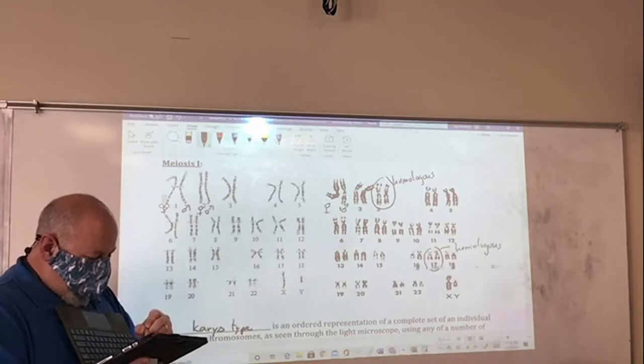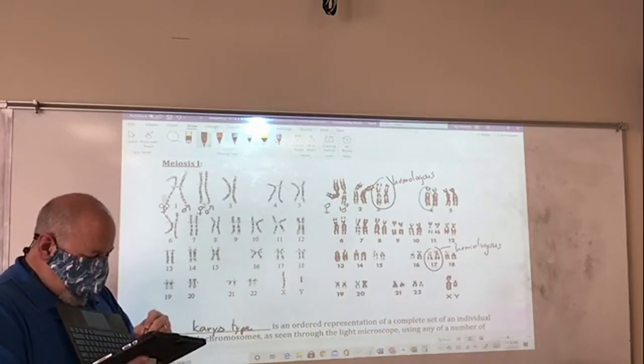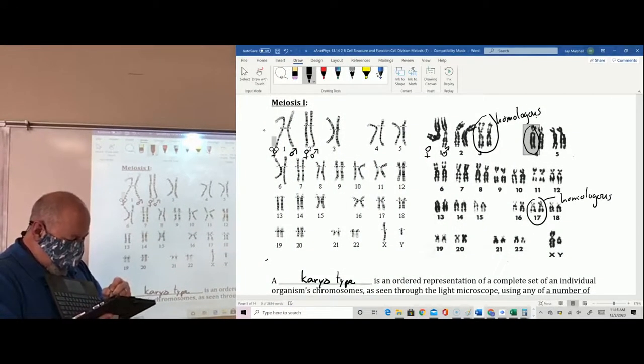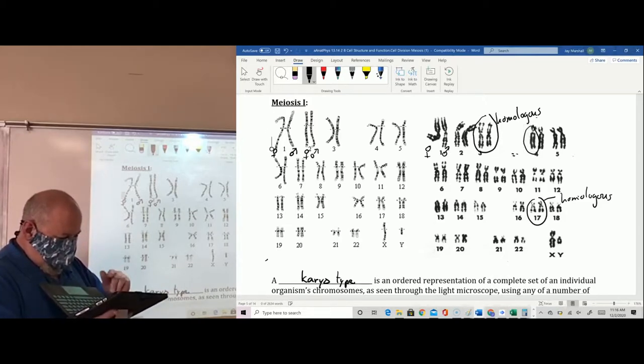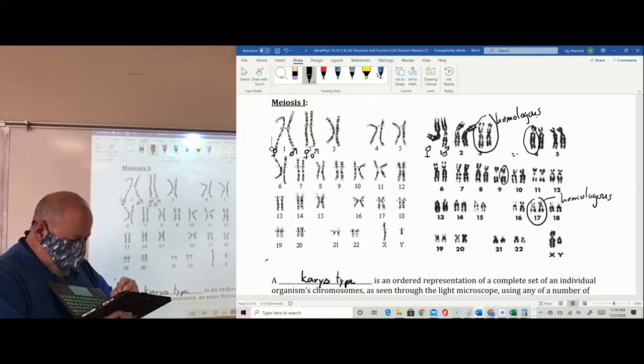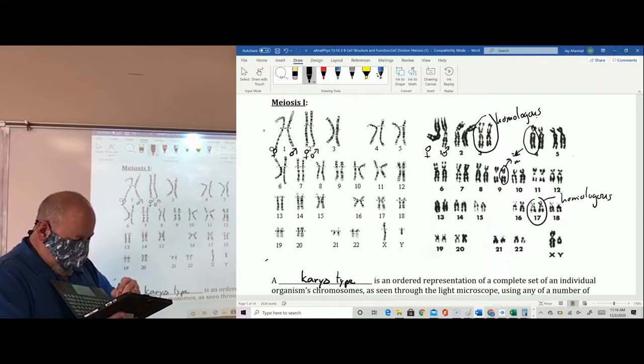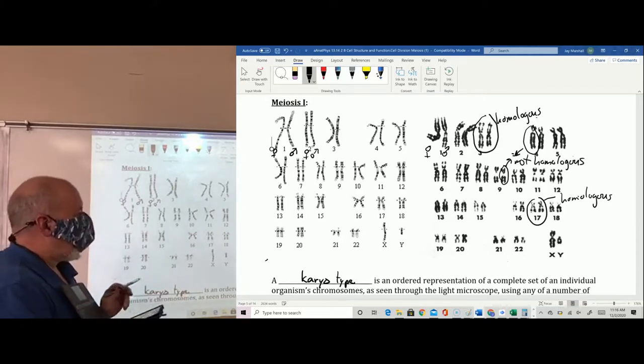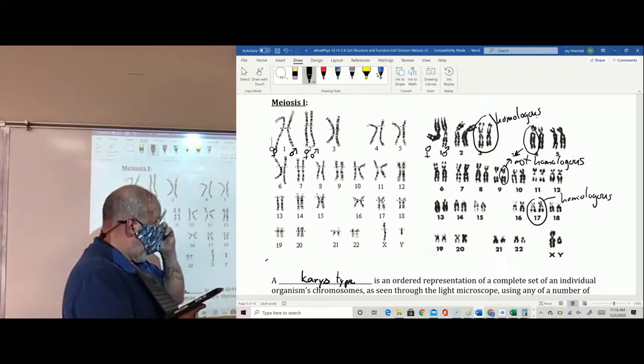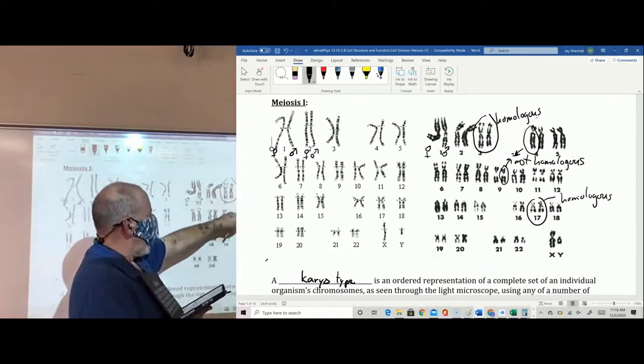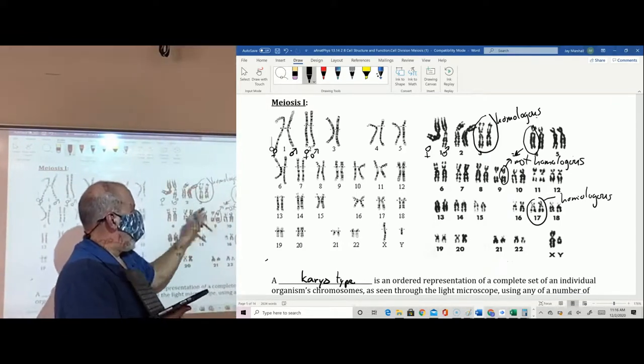But if I had mom's 4 and dad's 9, these are not homologous. Okay? And this is going to be an important term for us. These are homologous chromosomes, and these are not homologous chromosomes.